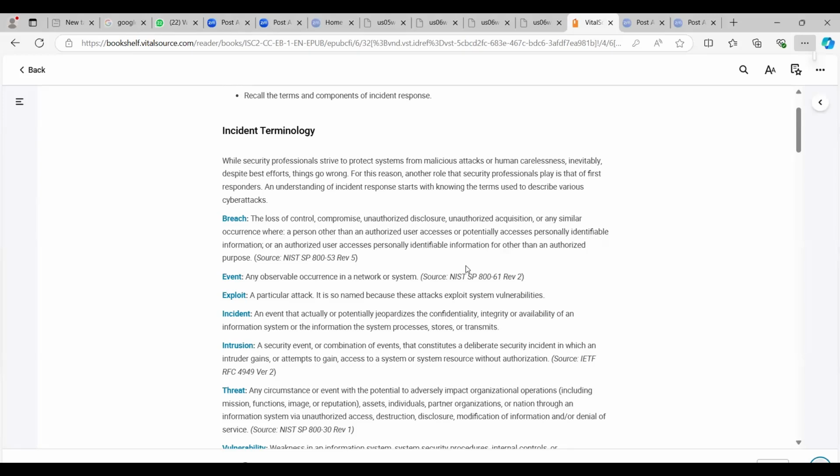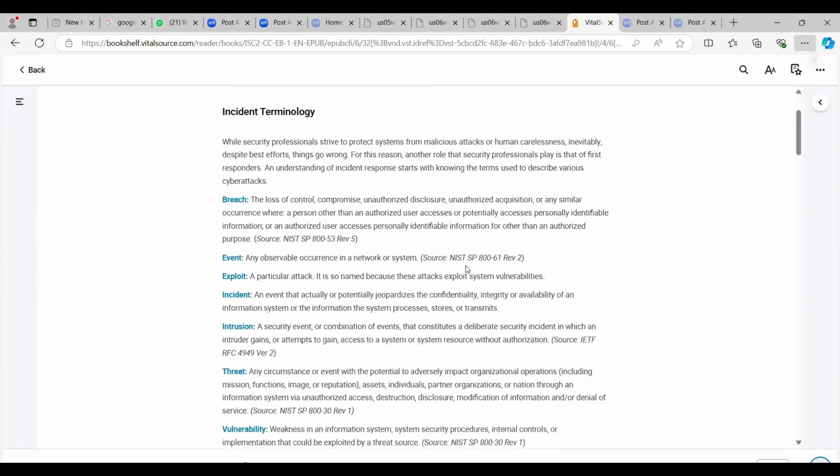Something somewhere will always go wrong. For this reason, another role that security professionals play is that of first responder, which is also known as SOC level 1 analyst. So an understanding of incident response starts with knowing the terms used to describe various cyber attacks. Let's take them one after the other.